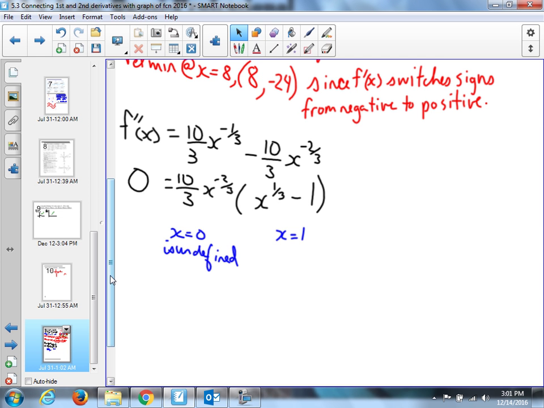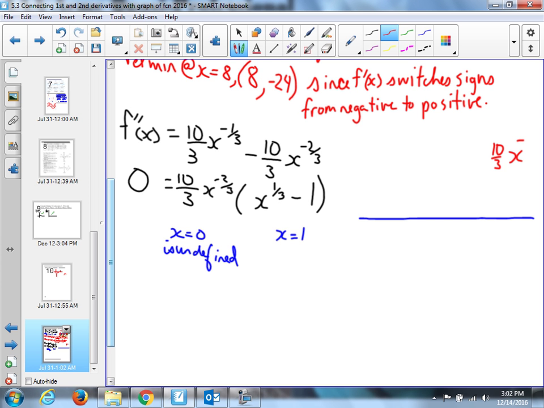Now we do some sign analysis. So on the side, I'll do it here. With those two factors, 10/3. I only put the 10/3 there because I want to know the sign, and it's positive 10/3 being multiplied. X to the negative 2/3. Then the other one, x to the 1/3, subtract 1.